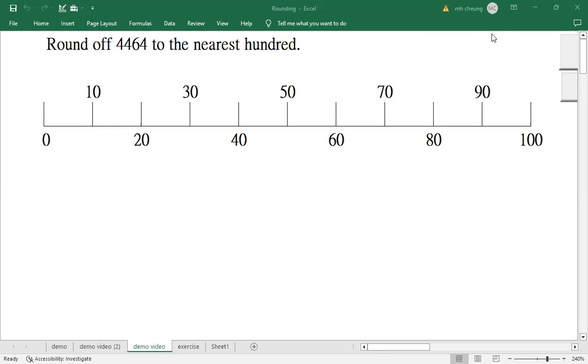So that means we want to find out how many hundreds this number is roughly equal to. Okay, from the number 4,464, so we already have 4,400, and now we want to find out the effect of the 64.